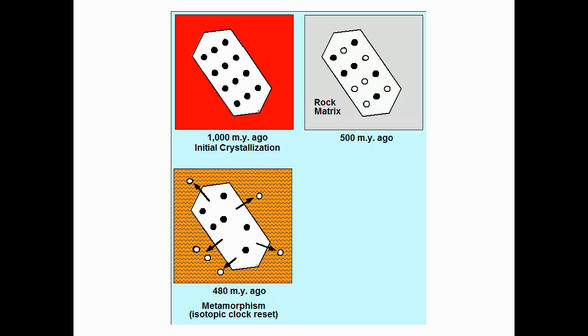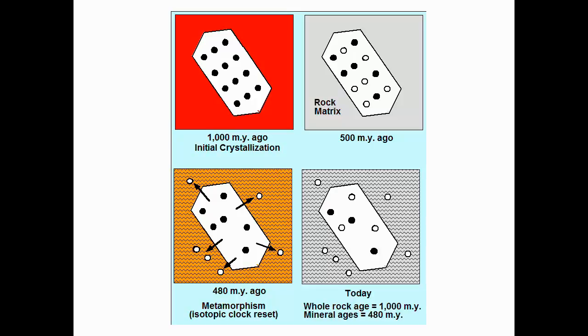Now, after the metamorphic event, the rock again cools, and then as time passes, the remaining parent isotopes will start to decay to daughter isotopes, so that about 500 million years afterwards, or today, we're back to 50% parent and 50% daughter in the crystal.